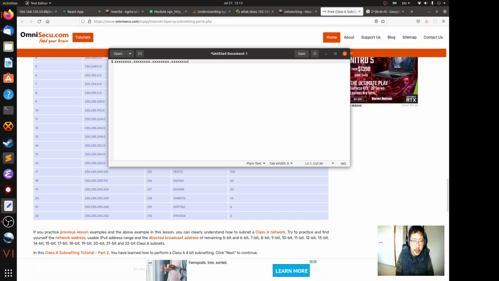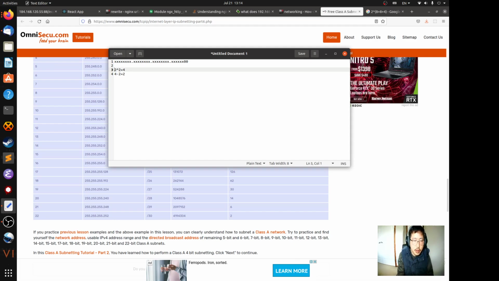But here we only borrowed up to here. Why don't I borrow the last remaining 2 digits? Because then the number of possible hosts is 2 to the power of 2, which is 4, and the usable IPs are 4 minus 2, which is 2.